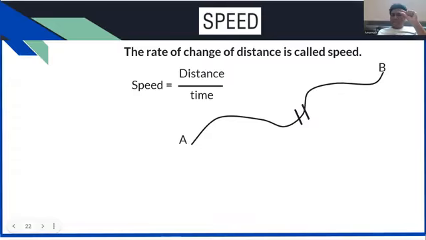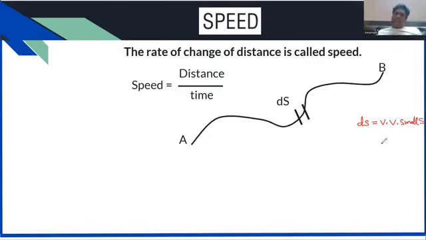This gap is very, very small, infinitesimally small. If the total distance is s, I will take the small distance as ds. Remember, d is an operator. ds doesn't mean d into s. ds means very, very small s. Say on the path, I have taken a very, very small distance.